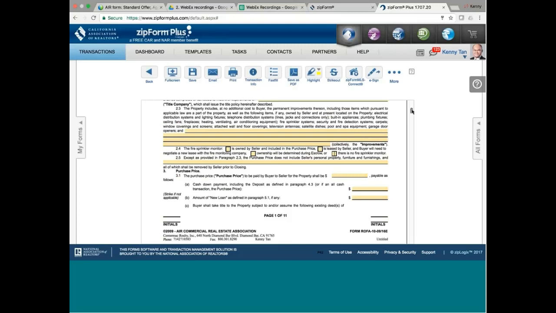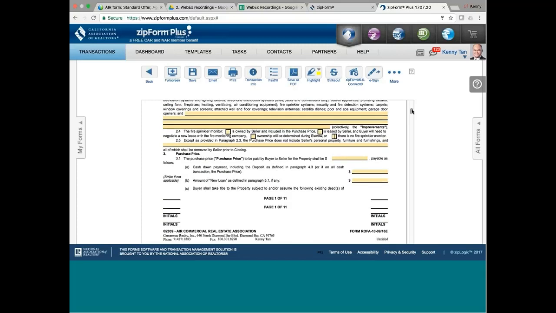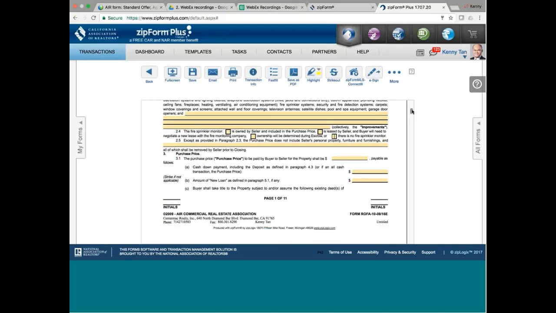All right. Let's see here. Purchase price, just the total purchase price. In this case, it could be 5 units, maybe it's $3 million. I just simply pick a number. All right, $3 million. Cash down payment, that's including the deposit though.